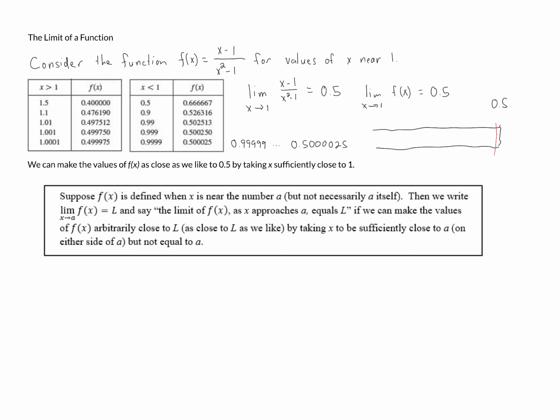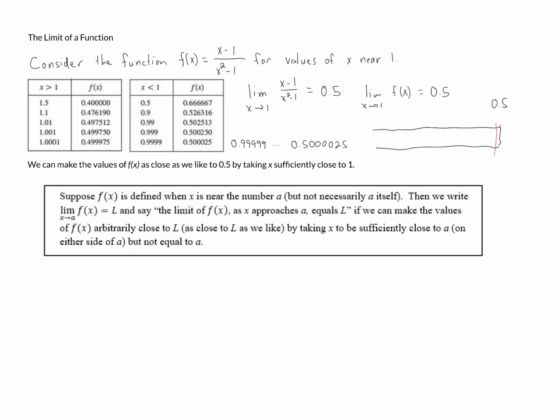Then we write this and say the limit of f of x as x approaches a equals L, if we can make the values of f of x arbitrarily close to L, which means as close to L as we like, by taking x to be sufficiently close to a on either side of a, but not equal to a.